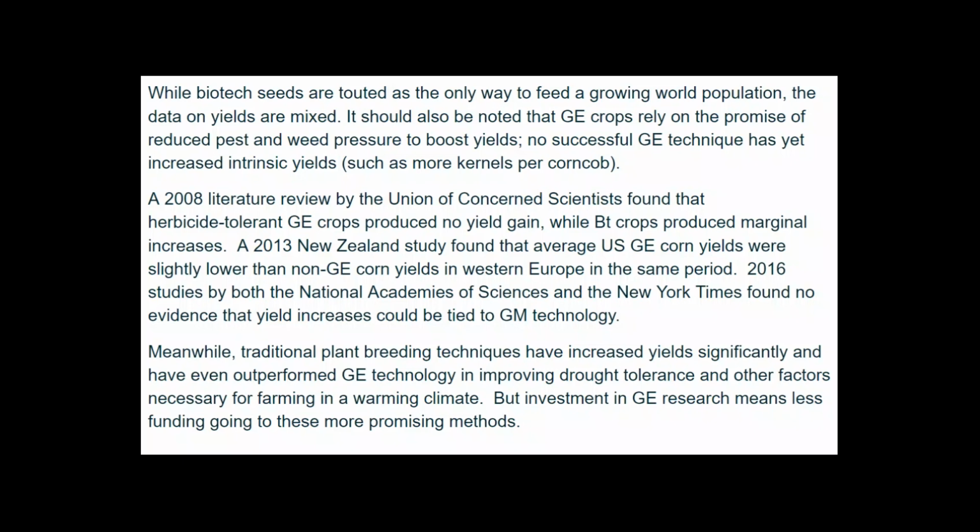And it seems that traditional plant breeding methods might produce more adaptable crops than using GE technology. But investment in GE research means less funding for these more promising methods.